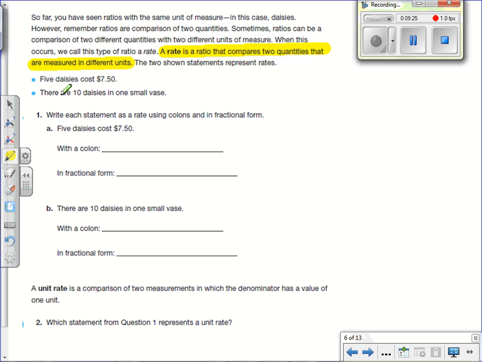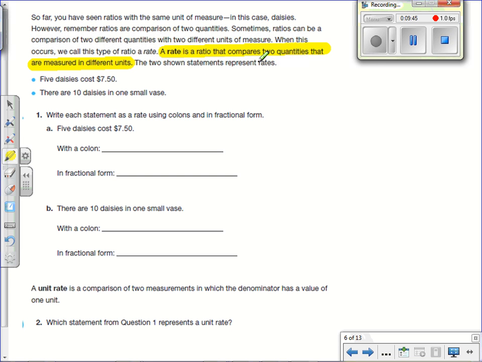So in our 2 examples here, we have 5 daisies cost $7.50. Remember, a rate has 2 quantities in 2 different units. Our first quantity is 5, our second quantity is $7.50. Remember, a quantity is just the amount of something that you have.